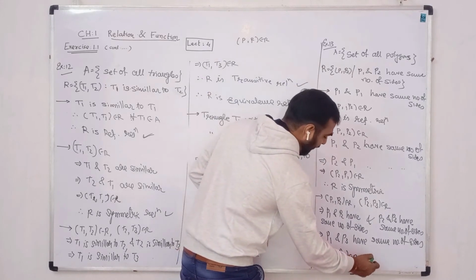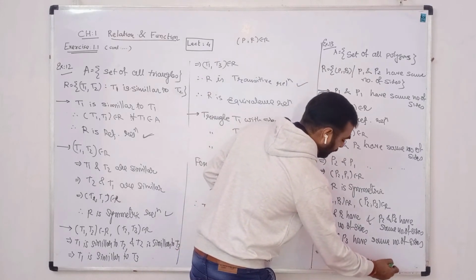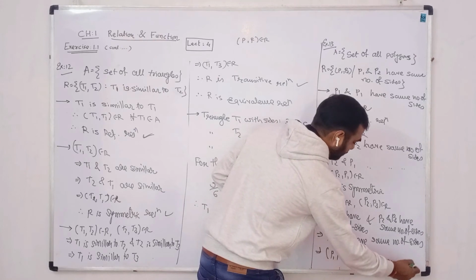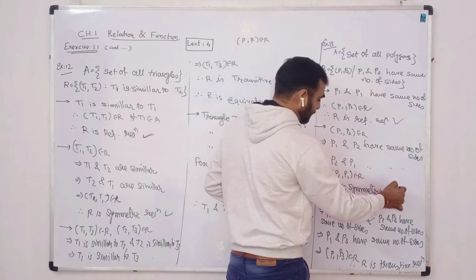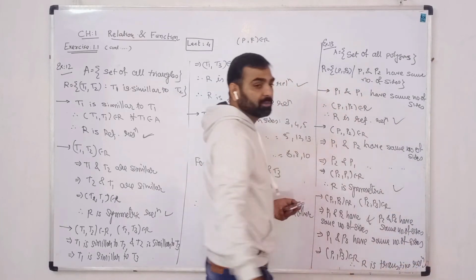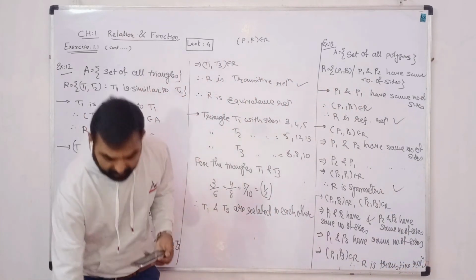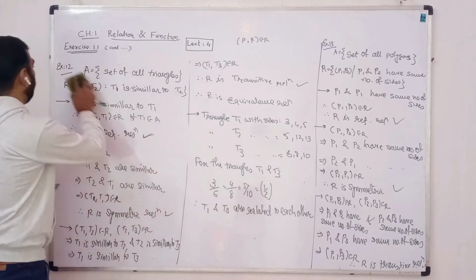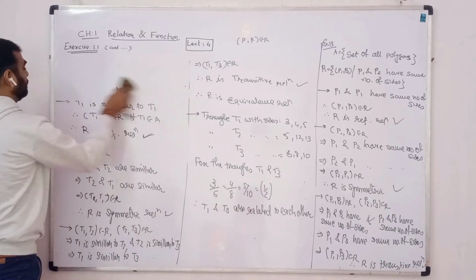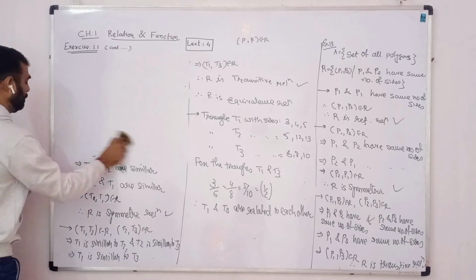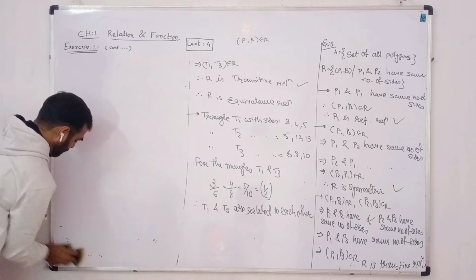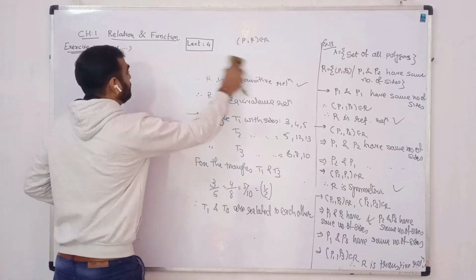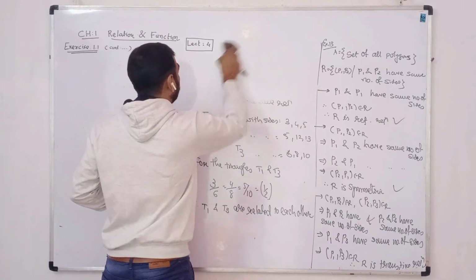So we can say that R is a transitive relation. Okay. So it is reflexive, it is symmetric, it is transitive. So we can say that R is an equivalence relation. जस्ट मिनट बच्चों, ये रफ कर दो.